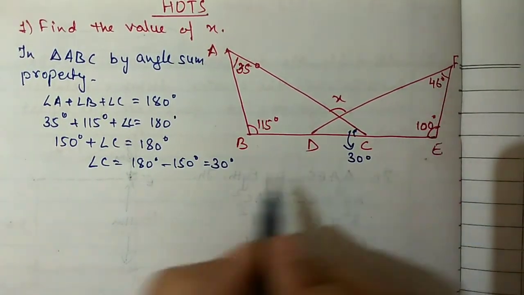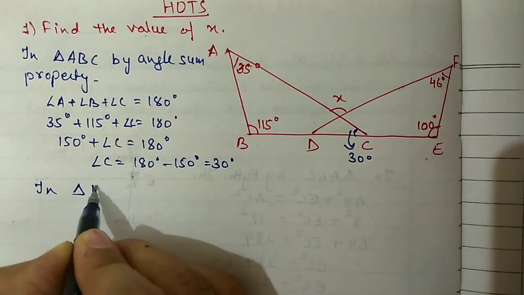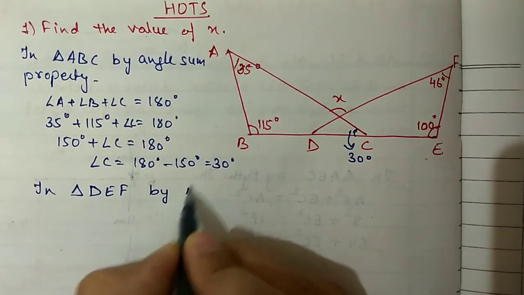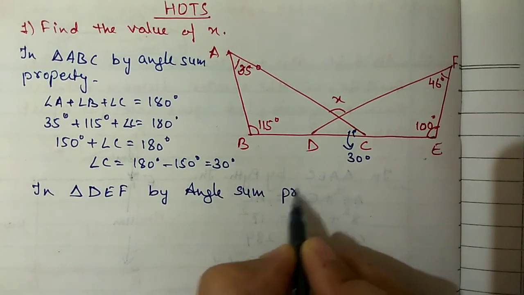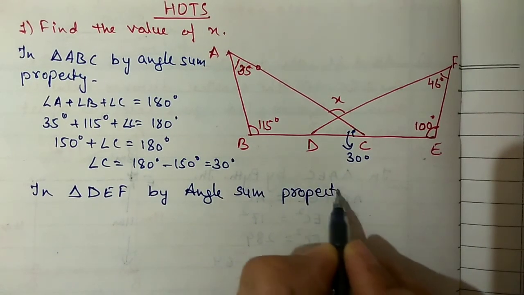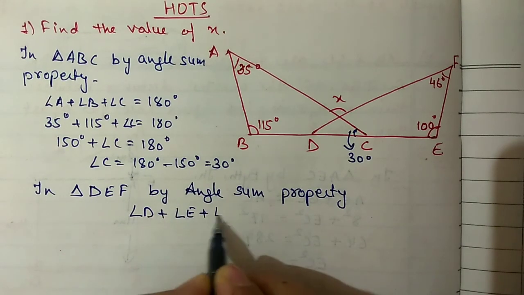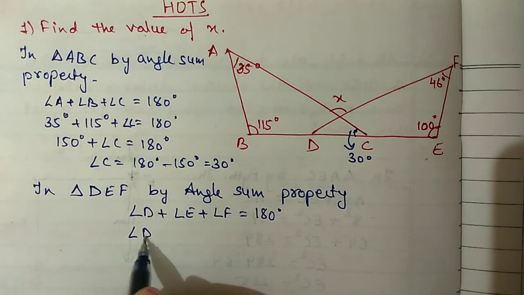Now same thing we will do in this another triangle. In triangle DEF, by angle sum property, angle D plus angle E plus angle F will be 180 degree. So D we have to find out.